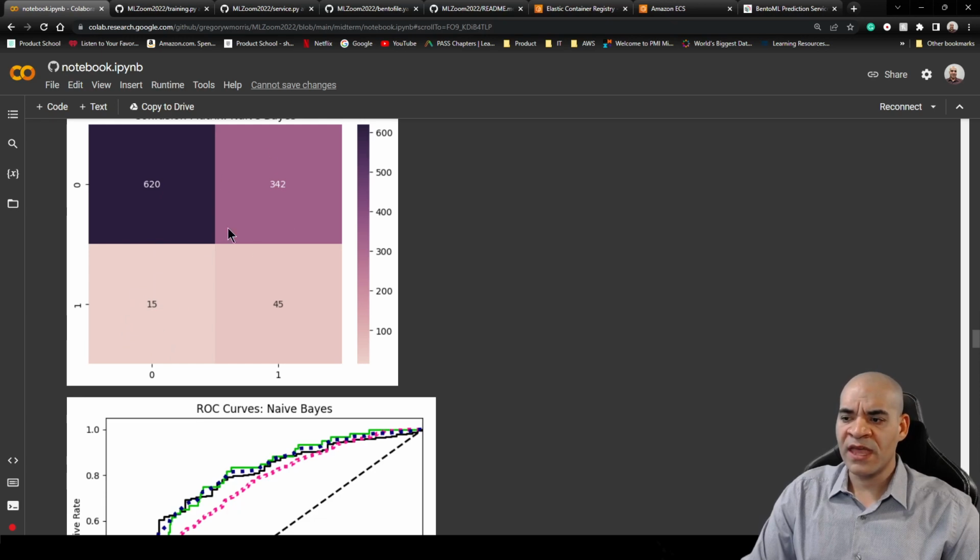So it's okay to have a high false positive rate in healthcare sometimes, because you're always going to run more testing. Like, oh, I'm sorry, we thought you had, say, a stroke. We were mistaken. We took a second look. Whereas what you don't want is to say, oh, no, you're not having a stroke, and send somebody home and then they die or something really bad happens. So this is generally the trade-off that we see quite often in healthcare.